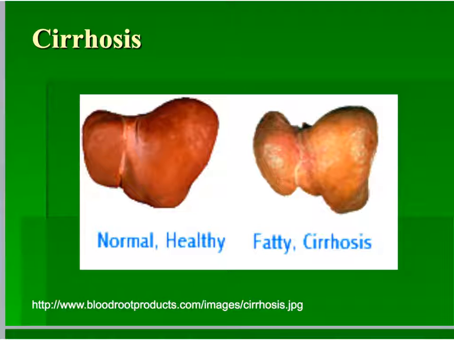Their clotting times will increase because they don't have those clotting factors that are made by the liver. There is hyperbilirubinemia. The normal levels of bilirubin are 0.1 to 1.0, and now the bilirubin levels in blood will be greater than 1 milligram per deciliter. So that's really how we diagnose patients with cirrhosis.